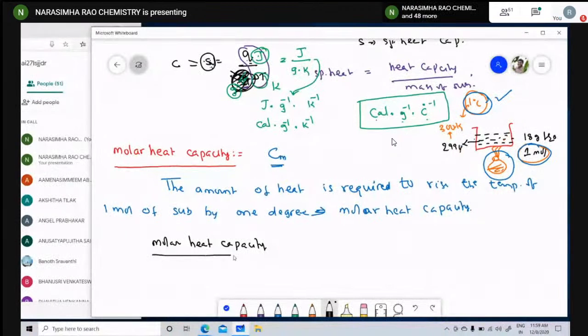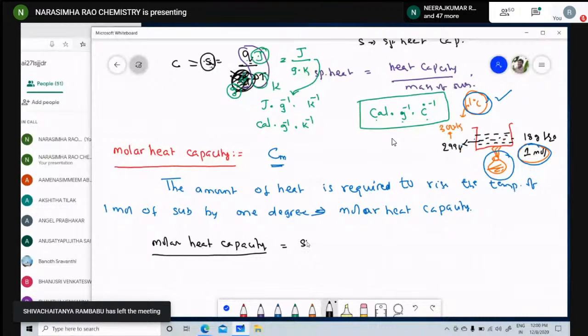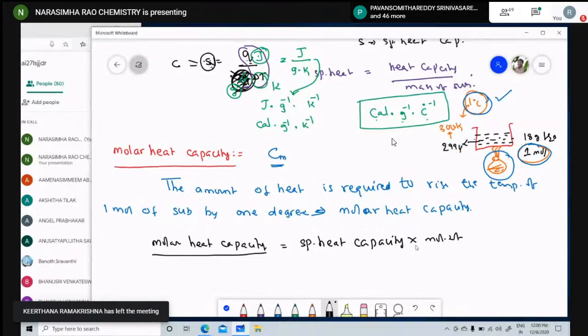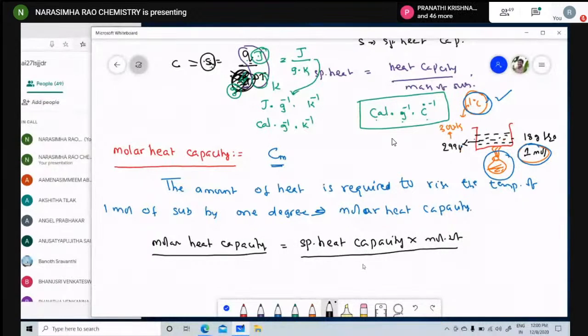So molar heat capacity is equal to specific heat capacity into molecular weight. For example, the specific heat capacity of water is 4.18 joule Kelvin inverse gram inverse. Its molecular weight is 18, so it is equal to 18 into 4.18, for example. Varshit, understand the concept?